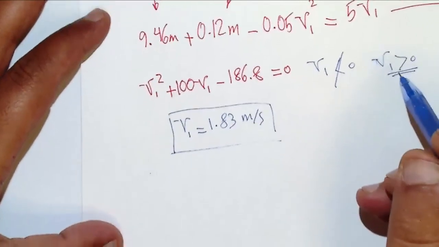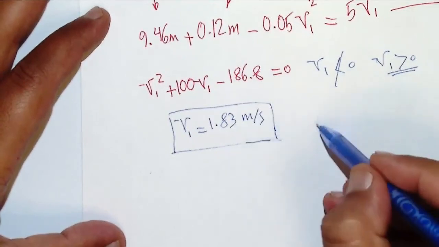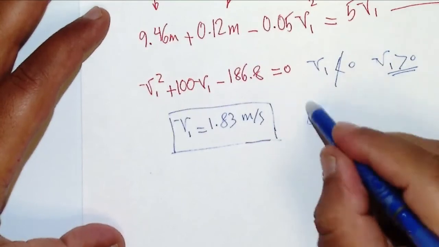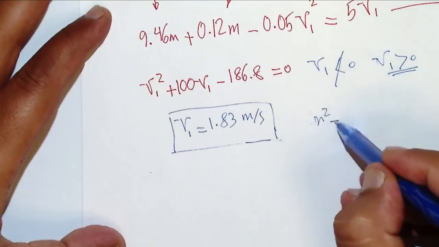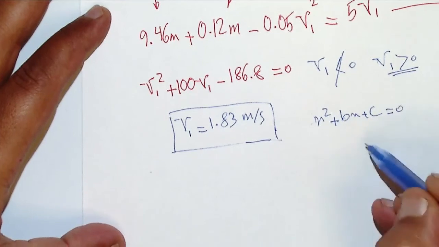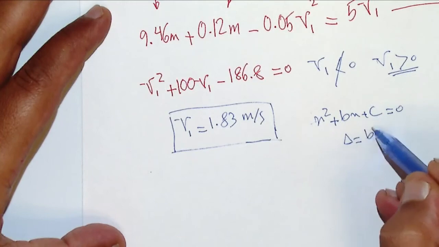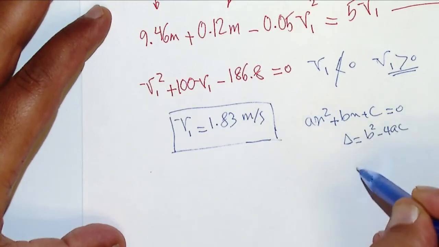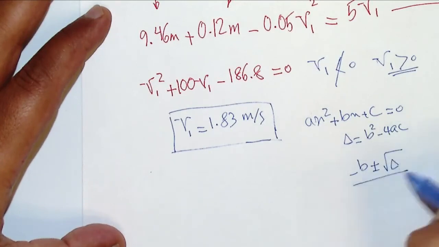Okay, that's the answer for this equation, but the other one is negative. If you don't remember, for an equation x squared plus bx plus c equal to 0, you have to find delta, which is b squared minus 4ac, and then the roots are minus b plus or minus the square root of delta over 2a.